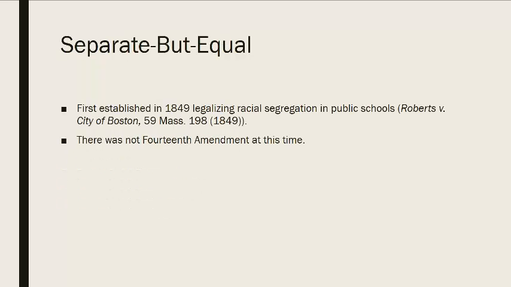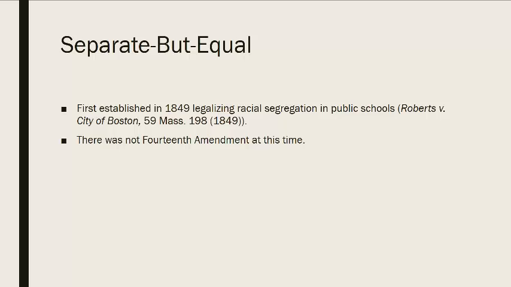Everybody's familiar with the way schools used to run, and a clear example of this came in 1849 in the case of Roberts versus City of Boston. This was a district decision from the federal courts, and you can see that in this case what happened was the courts ruled that separate schools were legal.